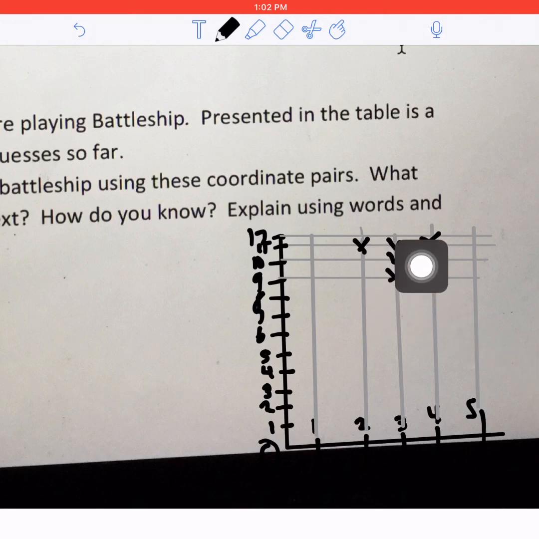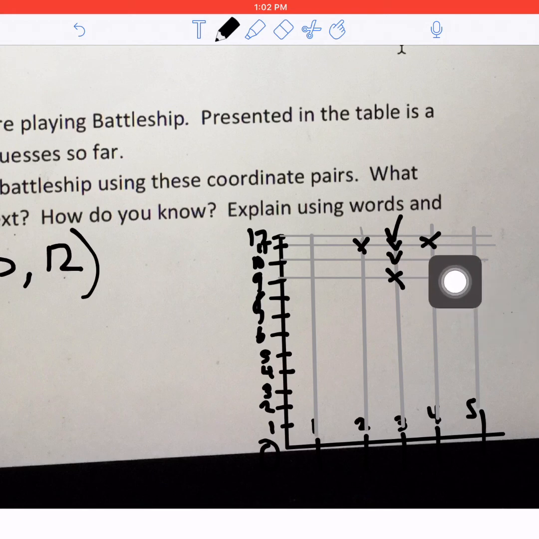I have those 2 that are in a row, so I know that my next point should be right around that. It's going to be at 312, so right above those 2 points would be one of the best guesses I could think of, because it's still got those 3 points in a row, and it's not in a funky spot like right there. There could be a battleship over there, but we're trying to get the same battleship that we guessed so far.